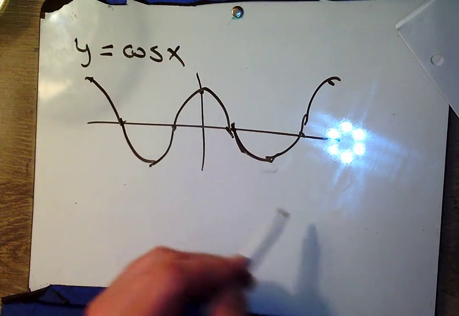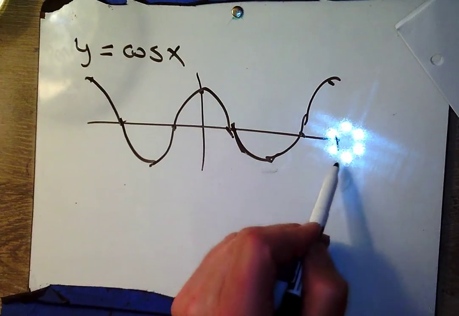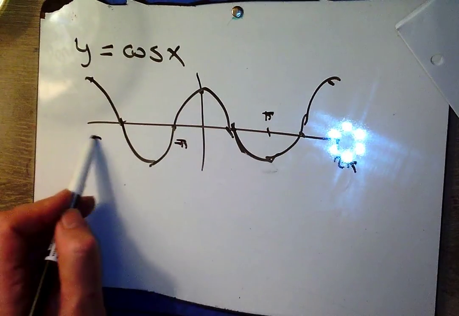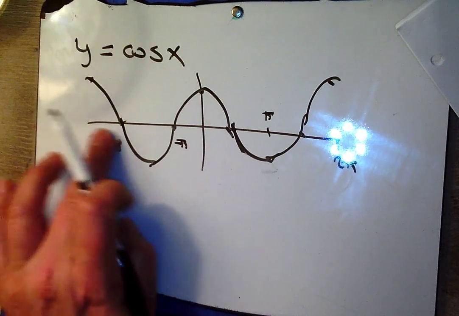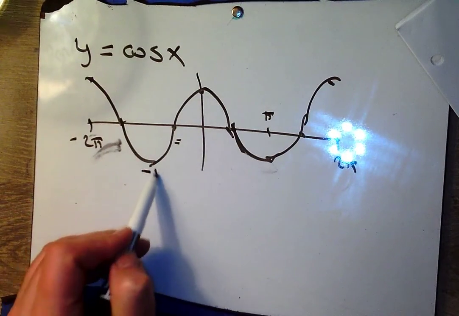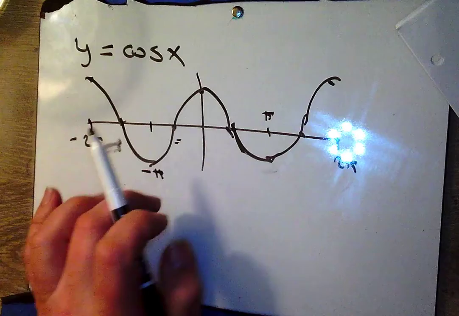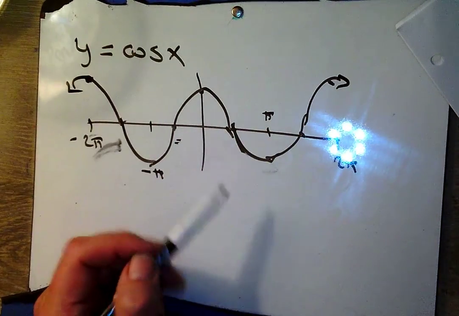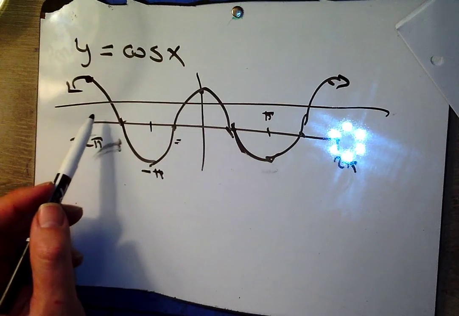Okay, so there's two periods of cosine. There's 2 pi, there's pi, -pi, -2 pi is here. And that is -pi there. Okay, and this goes on forever. Yeah, fails the horizontal line test.